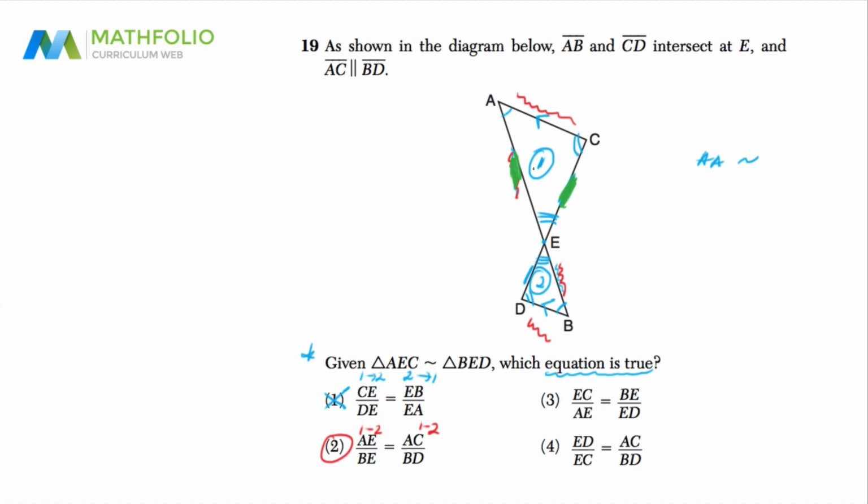So CE to AE matches BE, and BE is between the 3 and the 2, and the first one, EC, is between the 3 and the 2 to the 1 and 3. So then BE over ED. Let's get this right.